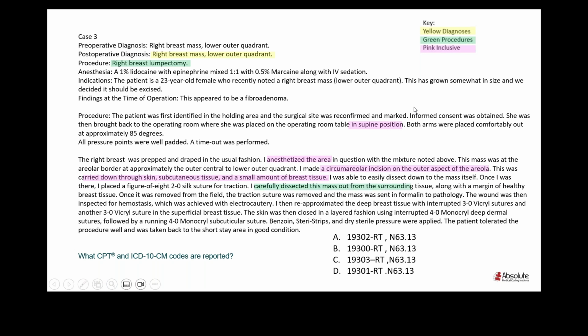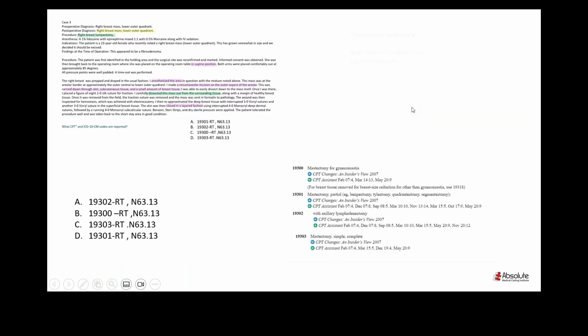Carefully dissected the mass out from the surrounding tissue and closed in layered fashion. So that's all we have here. In the procedure inventory, we have a breast lumpectomy and layered closure. We won't be coding for layered closure for this scenario because that is inclusive in the lumpectomy procedure. And in the diagnosis inventory, we have a right breast mass of lower outer quadrant.